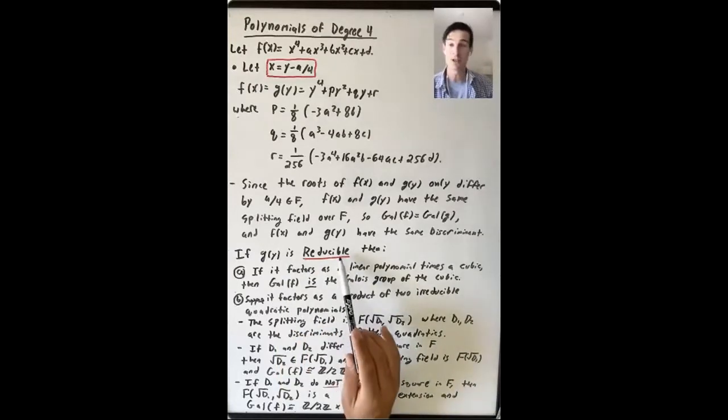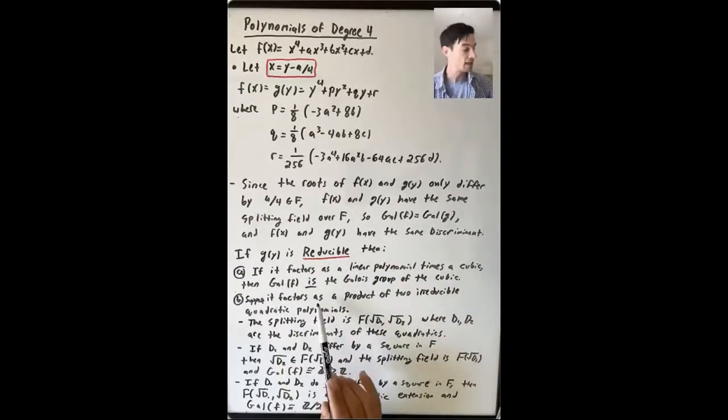If it's reducible and it doesn't have a linear factor, then it has to factor as a product of two irreducible quadratic polynomials. And we know the roots of a quadratic polynomial. We know how to describe the splitting field of a quadratic polynomial. So the splitting field of this product of two irreducible quadratic polynomials is the field generated over F by square root of d1 and square root of d2, where d1 and d2 are the discriminants of these quadratic polynomials.